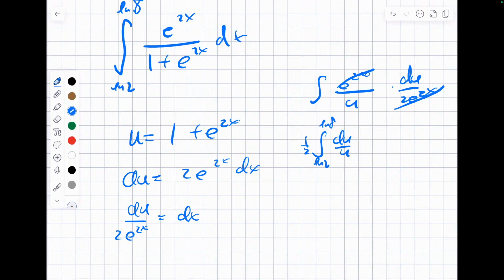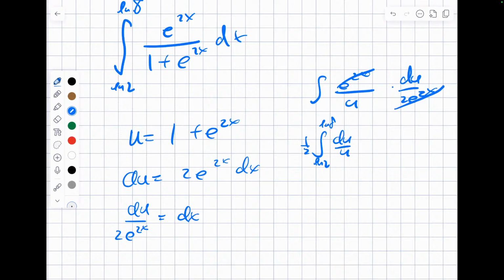But the problem is you have to think about changing the boundary. So I'm going to change this. It will be 1 plus e to the 2 ln of 8, and 1 plus e to the 2 ln of 2. Now I can simplify this. Here's the thing: e and ln cannot cancel at this moment.